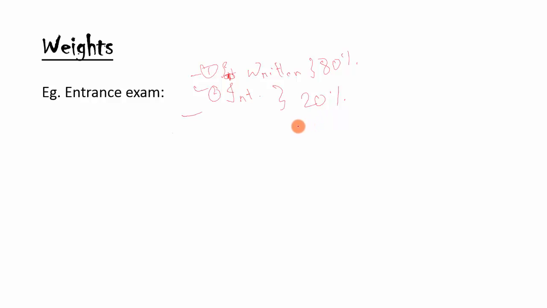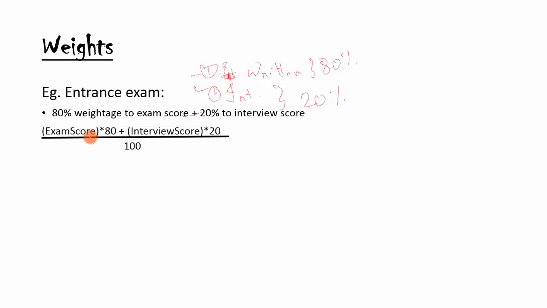So how will you calculate your final value? You multiply each score with its corresponding weight. Exam score has a weight of 80, and interview score has a weightage of 20. And then you divide by the total weight, 100, to get the average score.